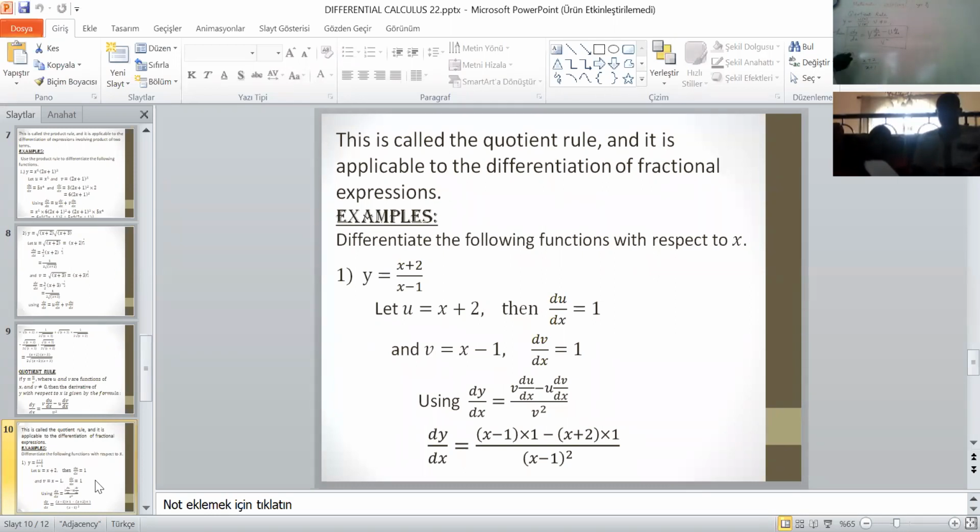So that means in this particular question here, the numerator is u. Let u be equal to x plus 2. And in our formula, we need du/dx. So u is a function of x, meaning that you can differentiate u with respect to x. So that means du/dx is equal to 1. And of course, 2 is a constant. The derivative of a constant is 0. I said that more than 100 times.